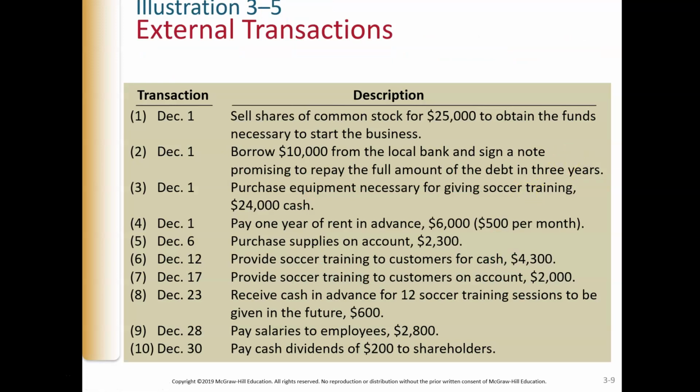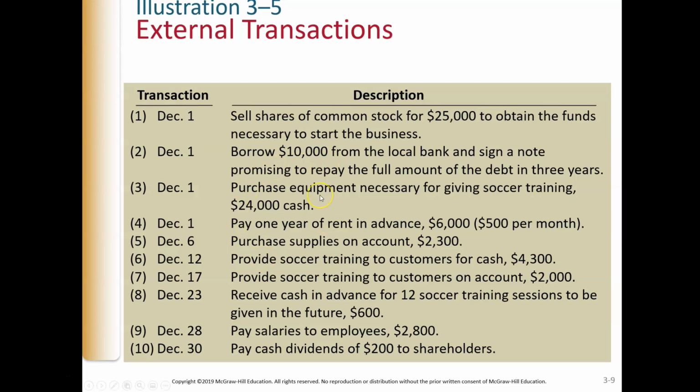So if we look at a list of external transactions, we can go through it and determine whether we need to make an adjusting entry. If we sold shares of common stock, we probably don't need to make an adjusting entry. But if we borrow money from the bank, we probably have some interest that we need to adjust for because they're not going to loan it to us interest-free.